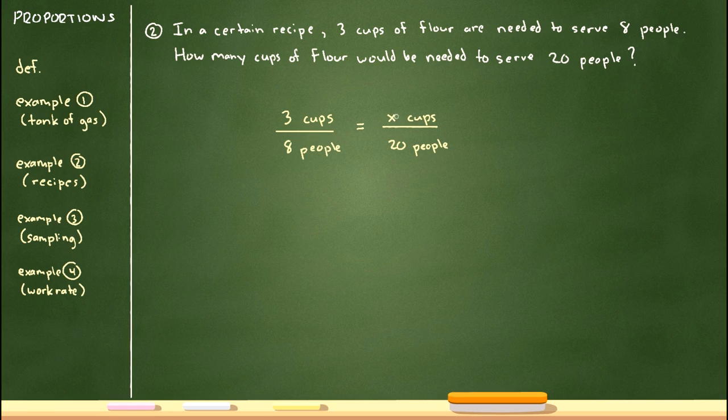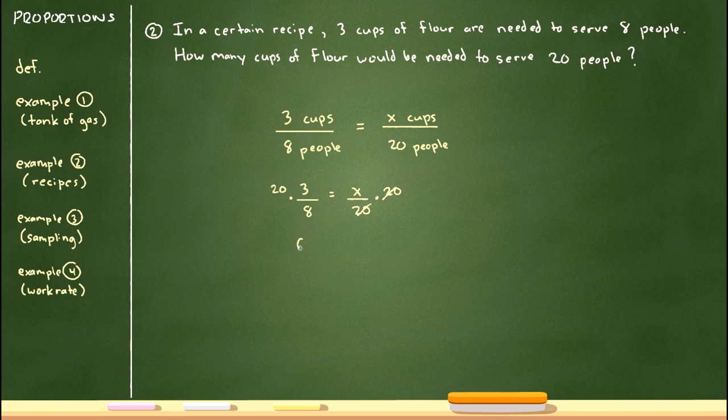So now we want to go ahead and solve for x. We don't need our units when doing the work, so we could just write 3 over 8 is equal to x over 20. And now we want to solve for x, so we need to move this 20. So we need to multiply by 20 on both sides.